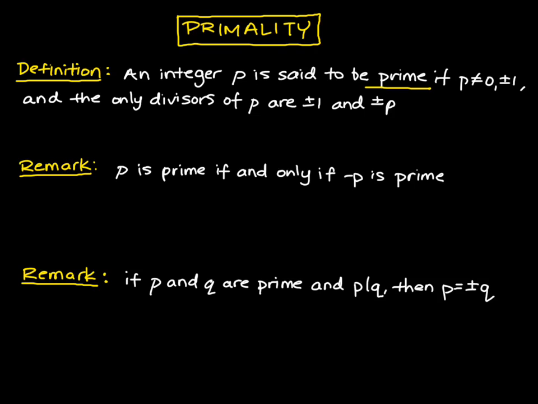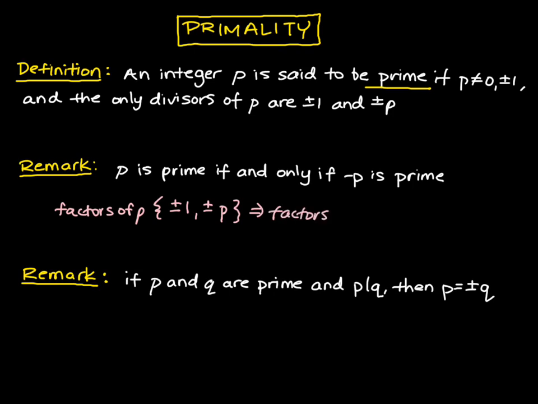And so here's a couple of remarks before we move into some properties. p is prime if and only if negative p is prime. So if we're considering the factors of p, namely plus or minus 1, plus or minus p, these are the factors of p. So then what are the factors of negative p?